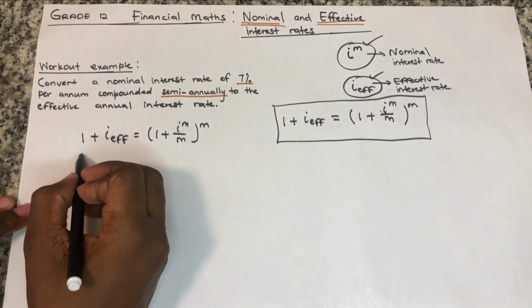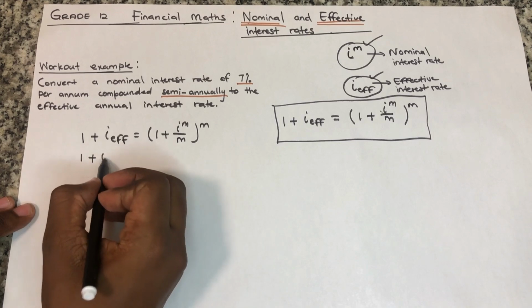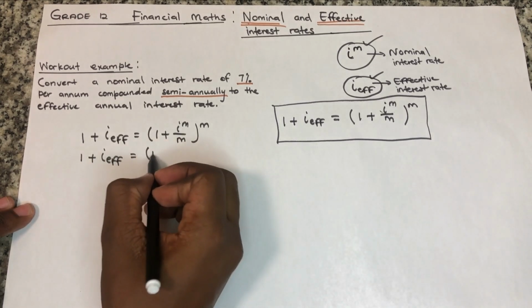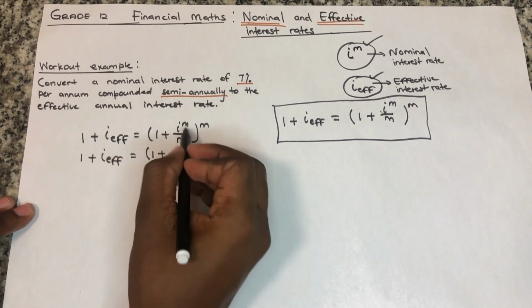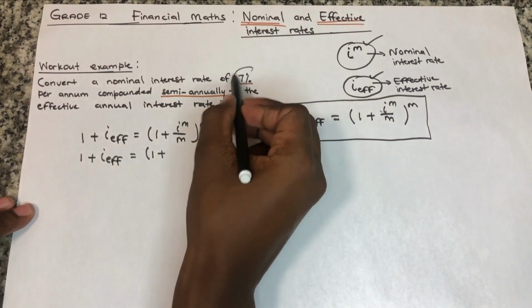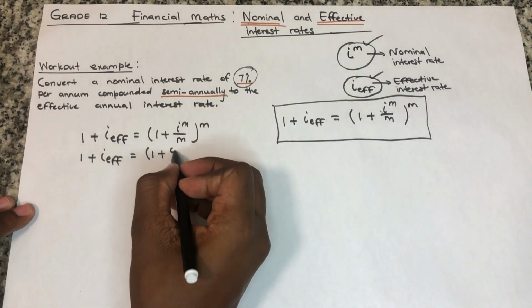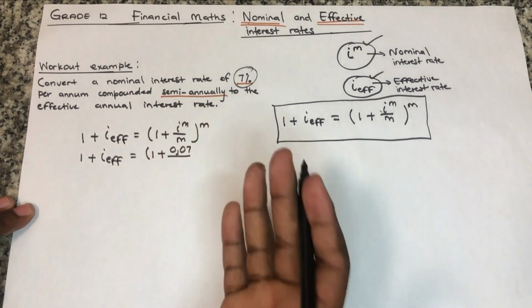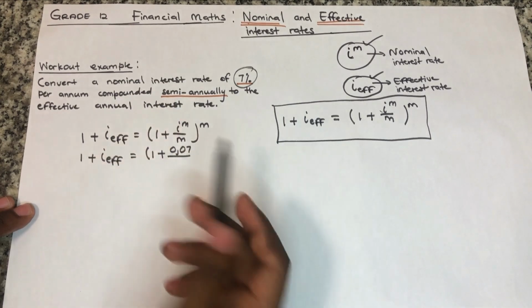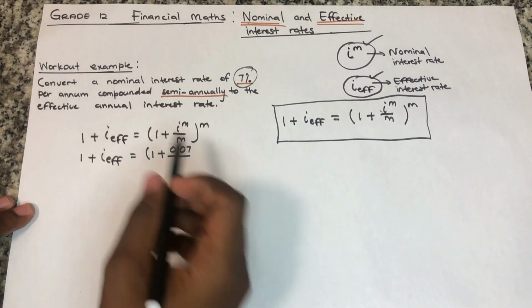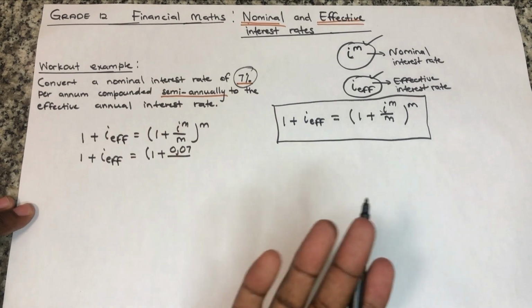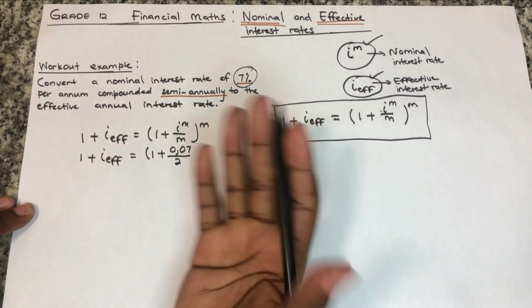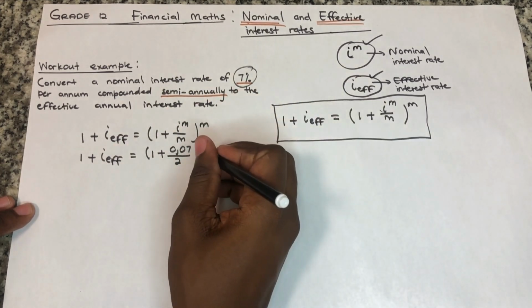So that's going to be 1 plus IEFF, since we're looking for IEFF. That's going to be 1 plus, what's the nominal interest rate? It's 7%, which is 0.07, over the compounding periods. Semi-annually is half yearly, right? That's going to be 2, divided by 2. Half of the year, 2 times. Everyone knows that.